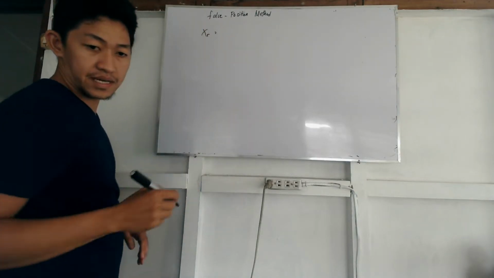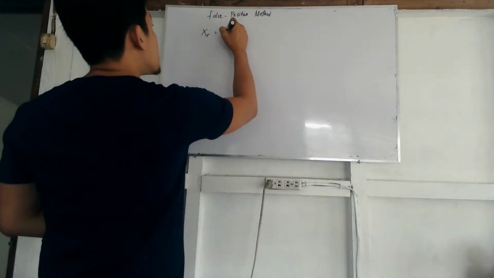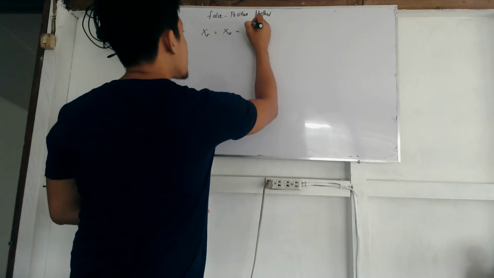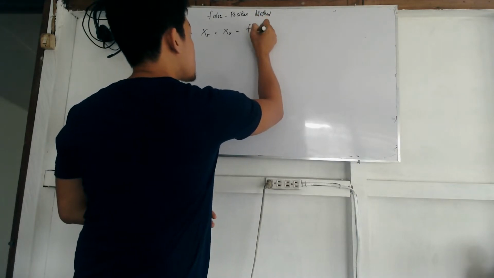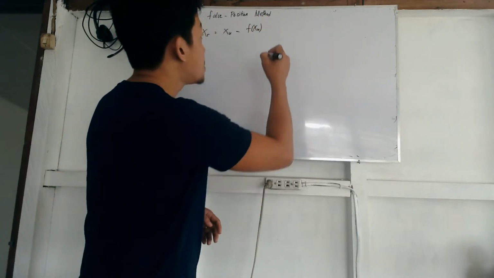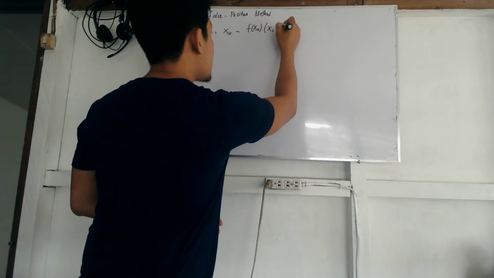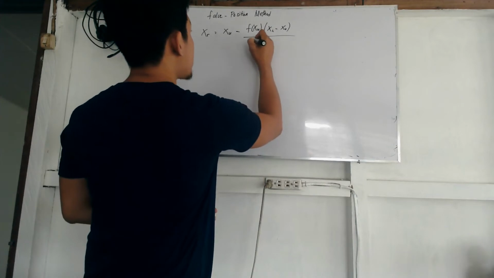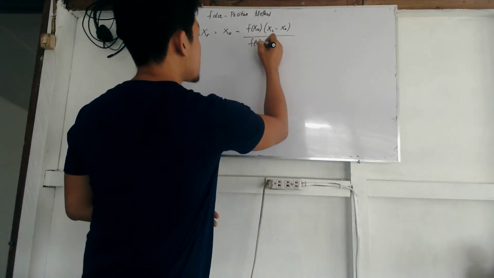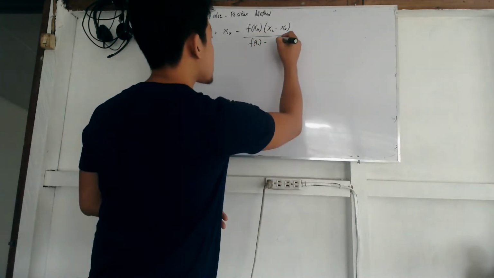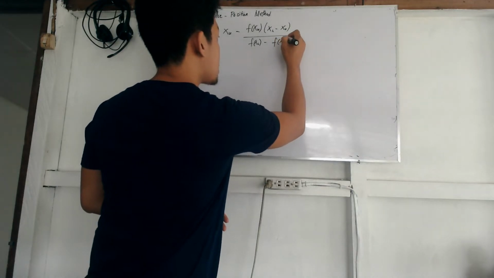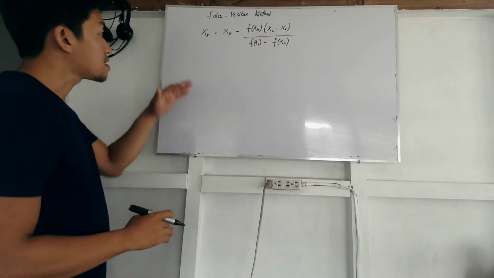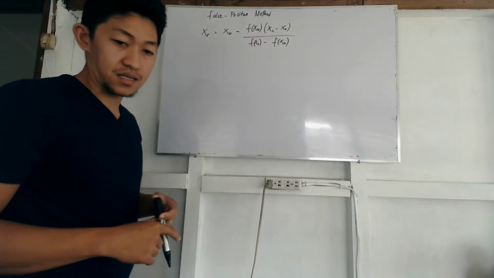Now XR will be calculated as XU minus f of XU times XL minus XU, divided by f of XL minus f of XU.